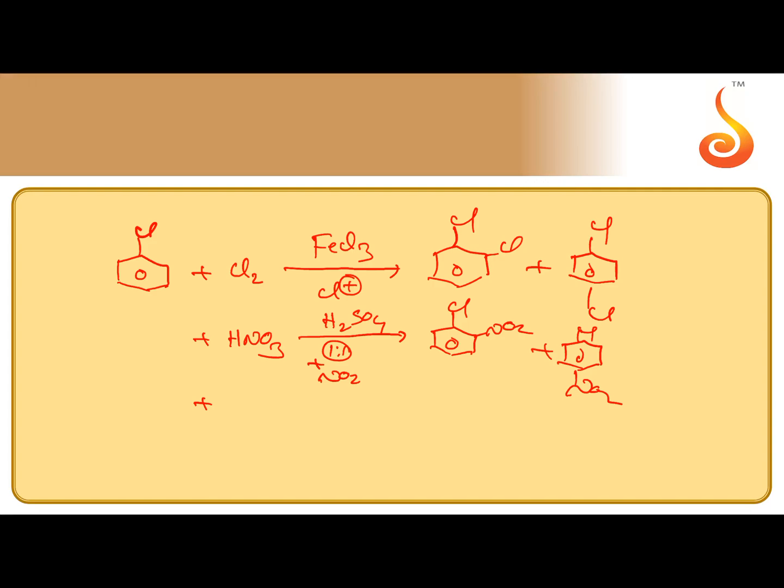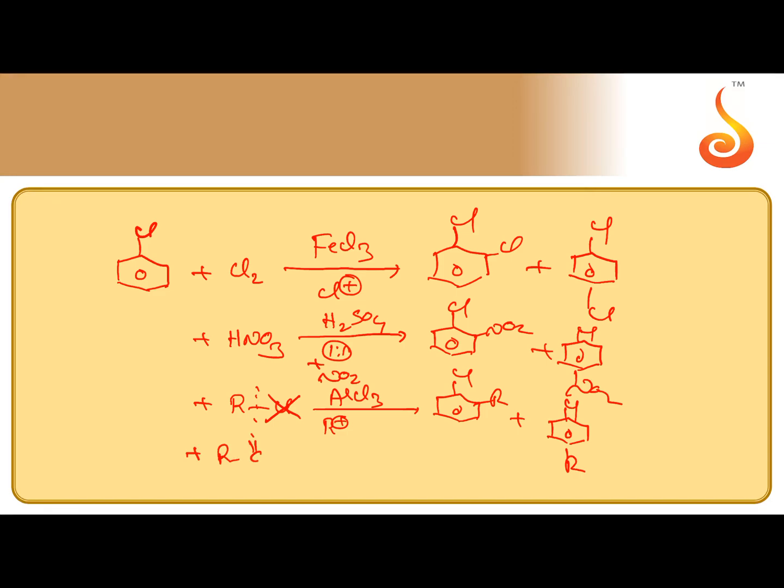Then chlorobenzene also undergoes Friedel-Crafts alkylation as well as acylation. With alkyl halide RX in the presence of anhydrous AlCl3, the alkyl carbocation attacks at ortho as well as para positions. So ortho alkyl chlorobenzene as well as para alkyl chlorobenzene is obtained.